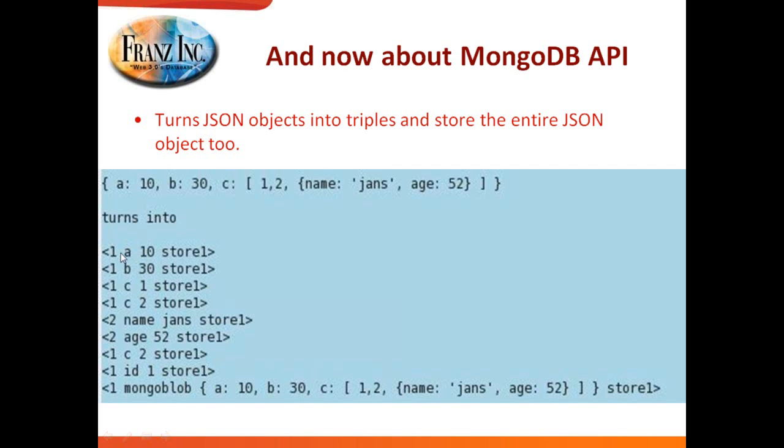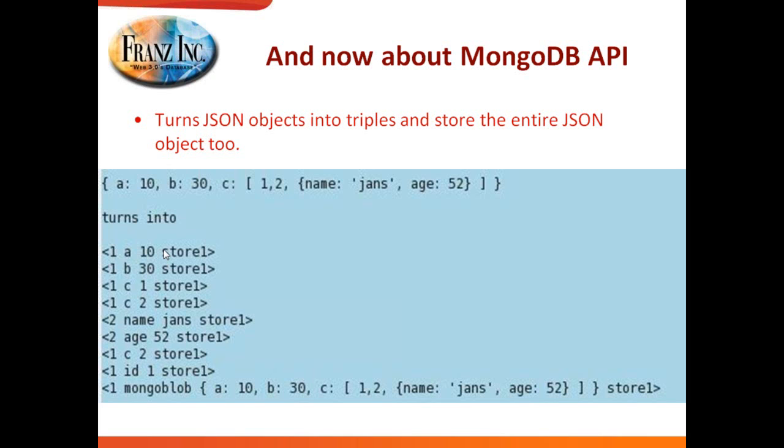The first predicate is A and the value 10, and then the fourth argument of the triple, or I guess most people now know about the fourth argument of a triple, the context slot or the graph slot. We make that the store name that Mongo uses. So all the triples that I add will have store 1 in this case.